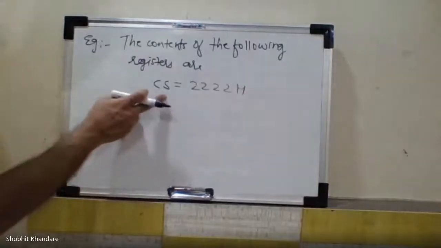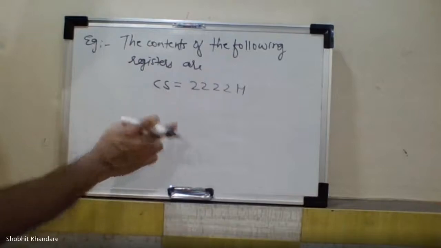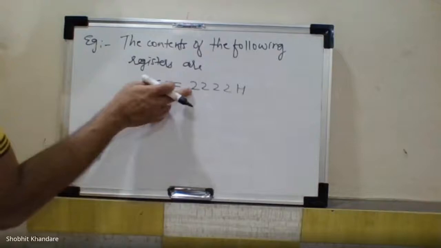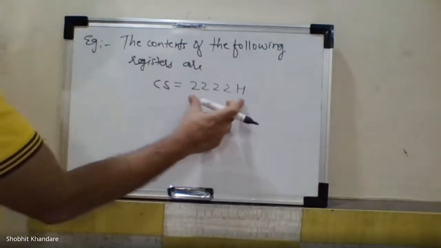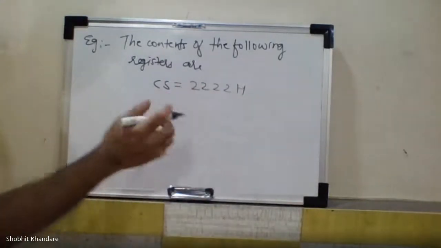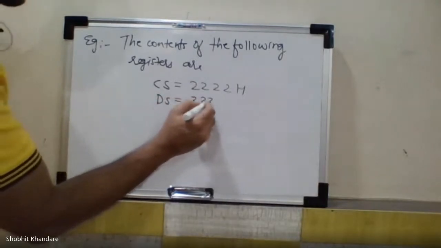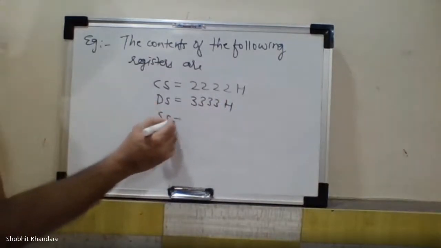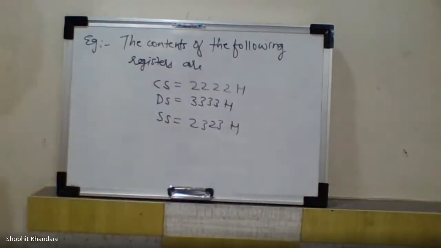You know the size of CS is 16 bit: 4 bits, 4 bits, 4 bits and 4 bits, so four 4s are 16. So CS has the capacity of 16 bits, and CS contains 2222, I'm taking an example. DS is having 3333H. H stands for hexadecimal. Then the stack segment is 2323H.